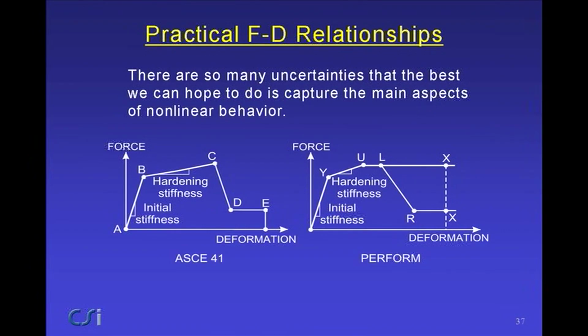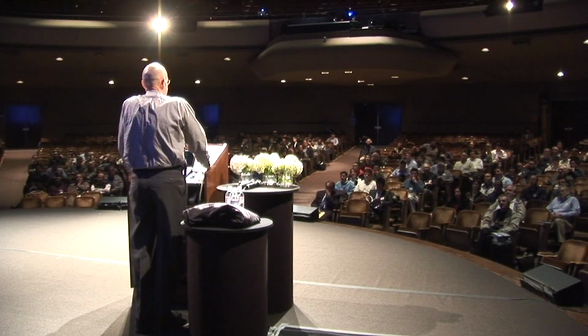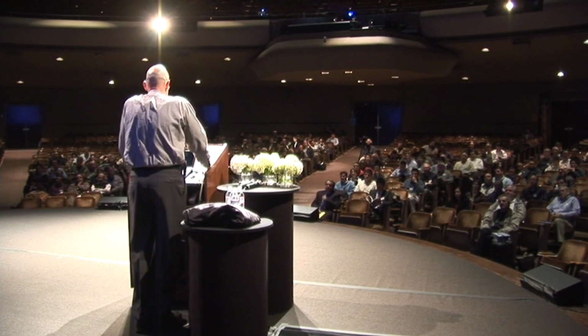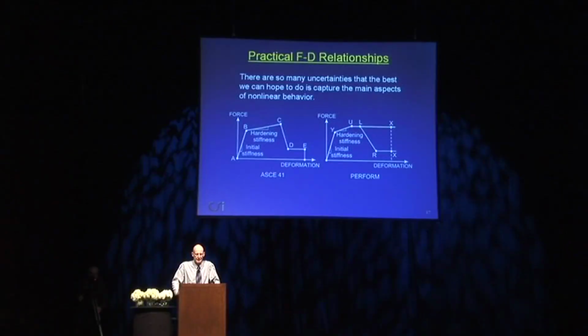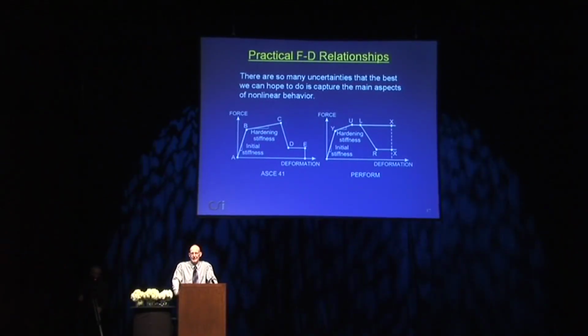So talking about practical force deformation relationships, one of the key things is that there are so many uncertainties that the best we can hope to do is to capture the main aspects of nonlinear behavior. You can't hope to capture all of the intricate details. If you can capture the main aspects, that's probably the best you can do.